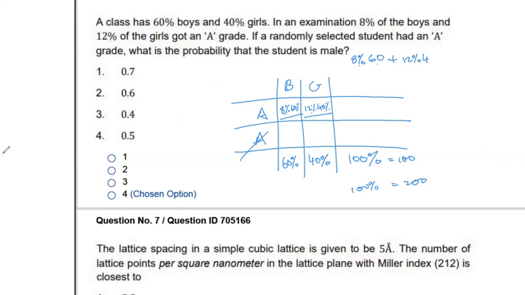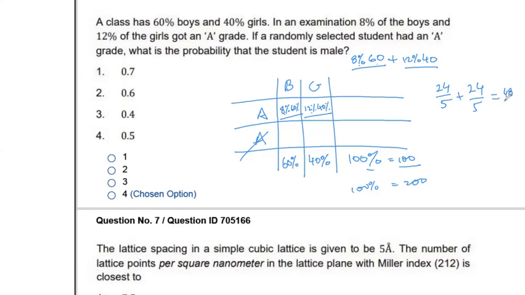So what is the probability that those were male? So then obviously I'll go with the idea that 100% is 100. So 8% of 60% of 100 is 8% of 60, which is 24 by 5. 12% of 40 also came out to be 24 by 5. So therefore, this is my total.